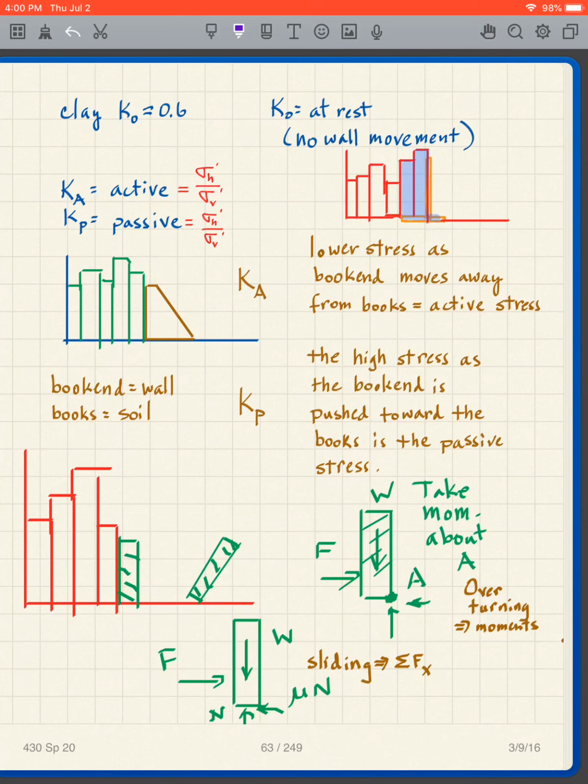And sometimes we will build a wall like this as well. So in other words, we can build a concrete retaining wall, for instance, with this particular shape, and then when we analyze it, and of course this is soil back here, not books. And how do we analyze it?